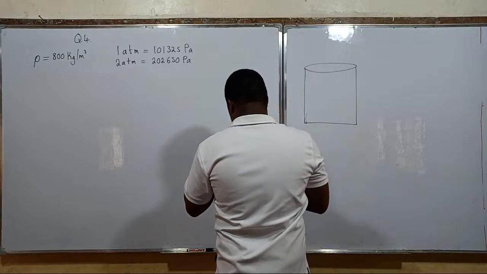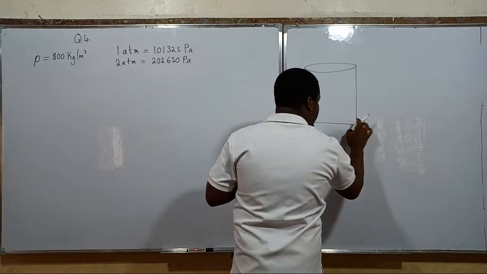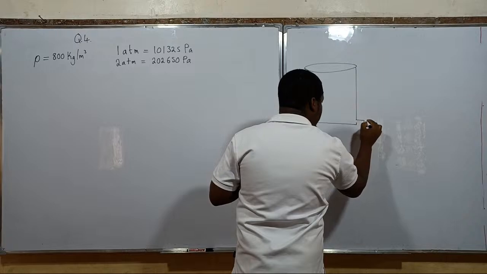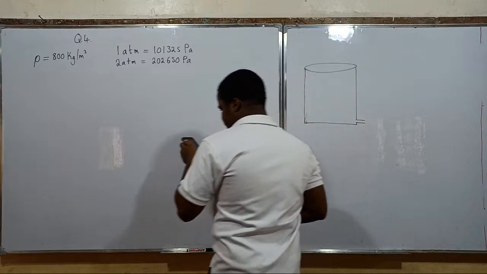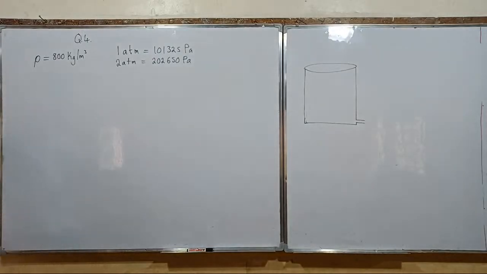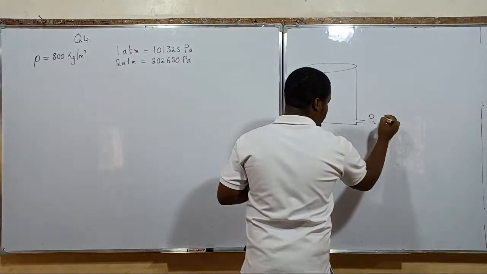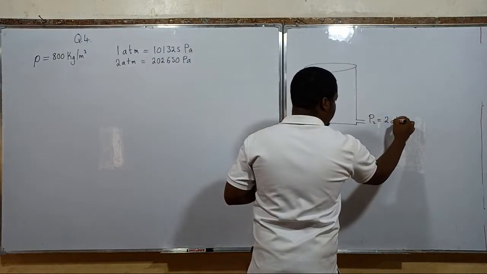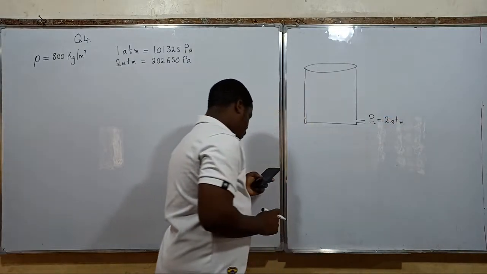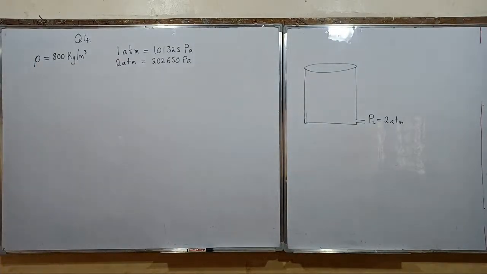Then a hole is made at the bottom, somewhere here. Meaning the liquid will start flowing, of course. So the total pressure at the bottom of the vessel is 2 atm. So the pressure here, let's call it 2, is 2 atm. So what is the velocity of efflux?